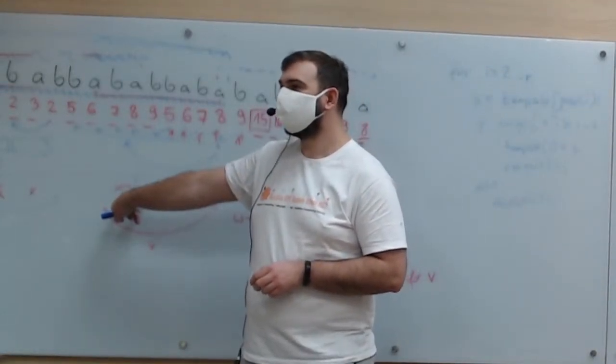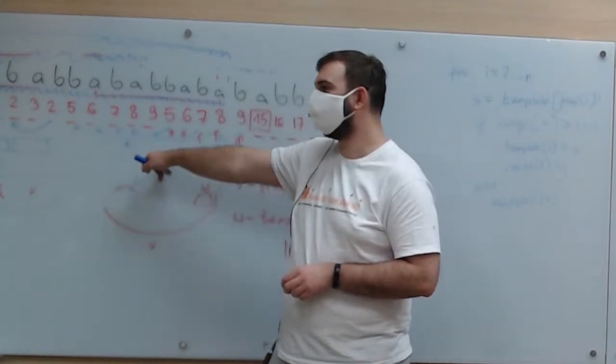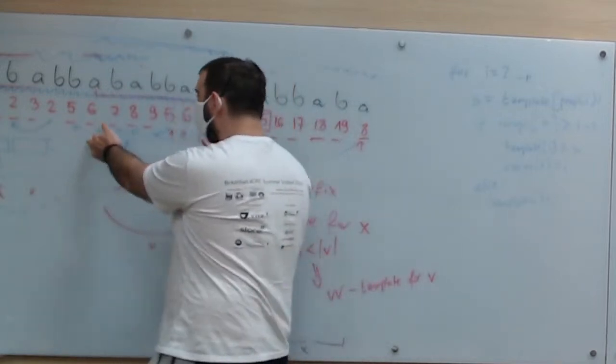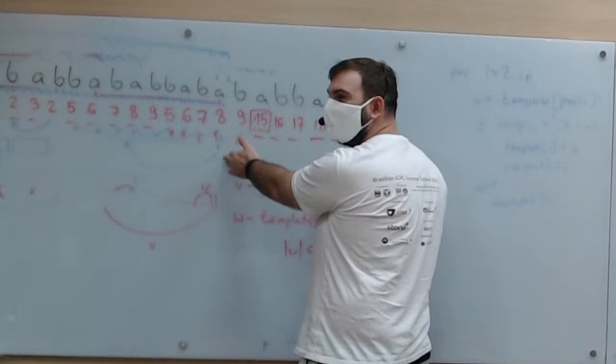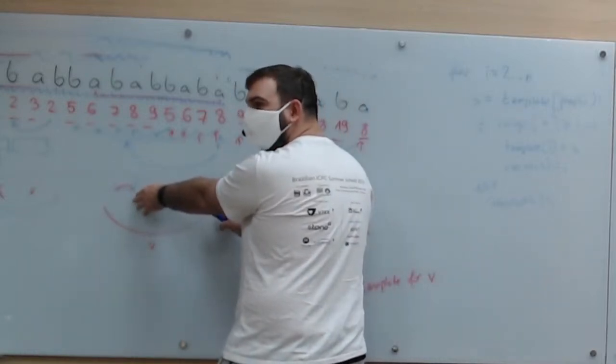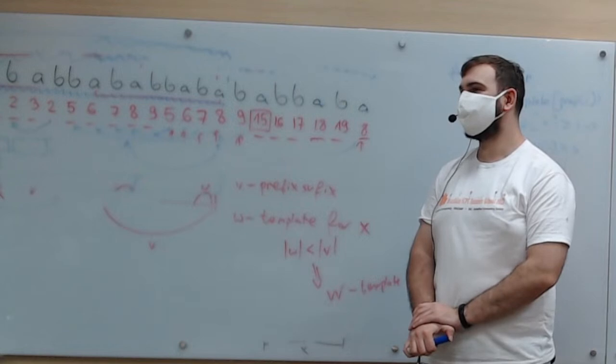But for the next iteration, for example, I know that 2 won't be here. If I cannot cover this part with 2, I will never be able to cover this part with 2 as well. So I only need to care about the template of my prefix suffix. You don't seem convinced.